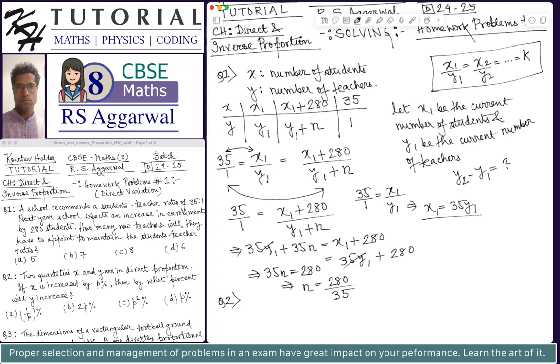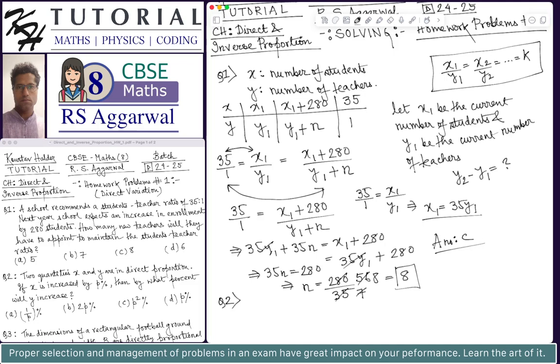Dividing by 5, then by 7, we get 8. So small n is 8, which means the number of new teachers that need to be appointed is 8, and hence the correct choice is C.